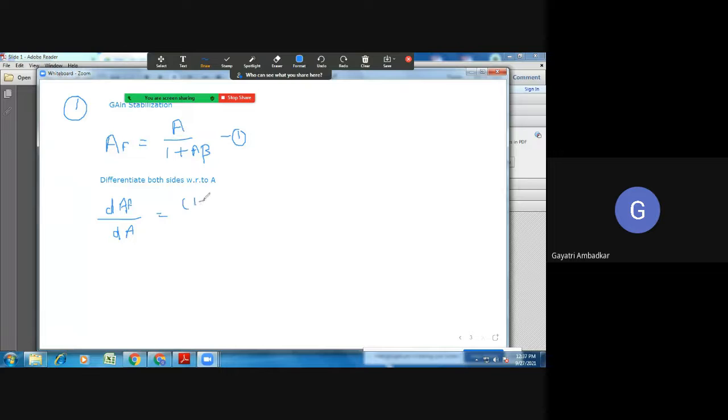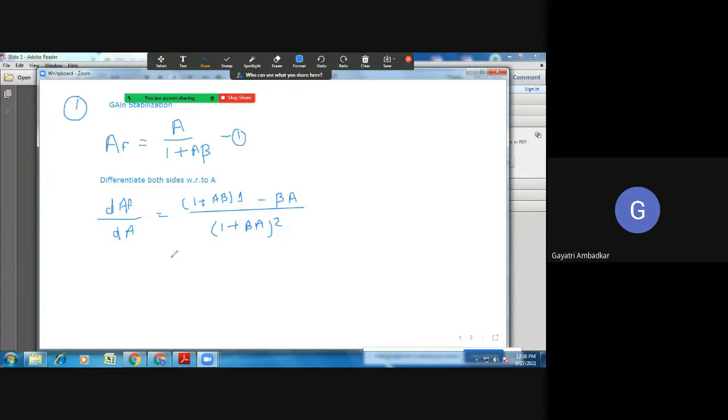So it will be the denominator 1 plus A beta, into the derivative of the numerator, which is 1, minus the numerator A into the derivative of 1 plus A beta with respect to A, which is beta, divided by 1 plus A beta, whole square.